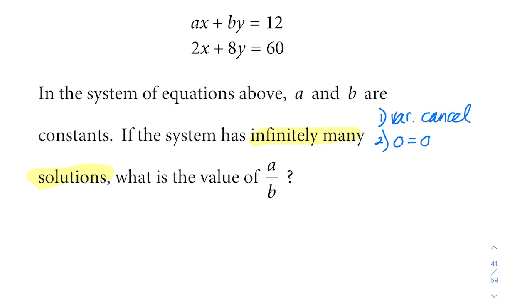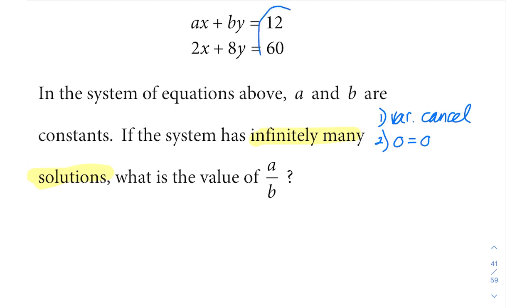The reason that is so important is because in order for these constants to cancel out, ultimately everything's going to cancel for us to be left with that 0 equals 0 expression. So in order to get that, we don't know what we would need to do to get these x's to cancel or to get the y's to cancel, because we have a and b that are currently unknown.